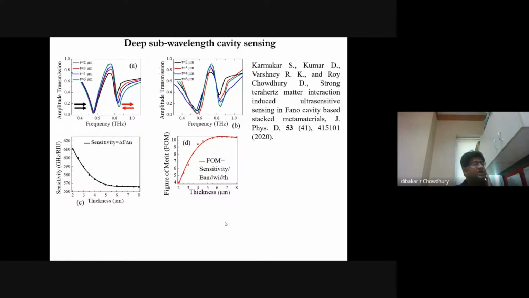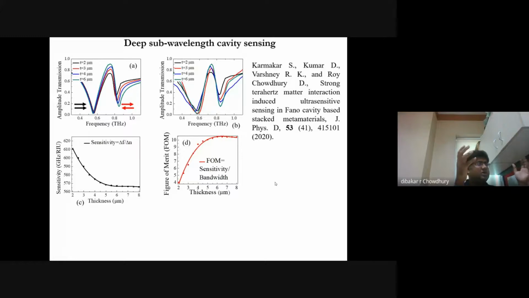Exploiting that concept, we checked the sensing capability for this kind of cavity. This is also a deep subwavelength cavity, because this thickness is only 2 micrometer, whereas at 1 terahertz the wavelength is around 300 micrometer. So it is almost 1 by 150 times smaller.